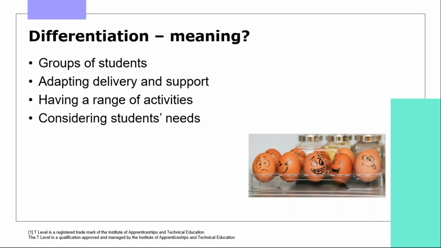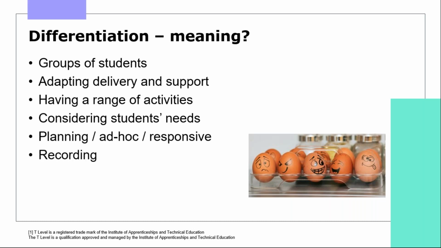The biggest impact on differentiation is when the teacher considers their students' needs, which we've already started to think about in direct relation to the T-level. Considering students' skills, knowledge and levels of progress and planning to meet their development needs is very important. But so are ad hoc responsive activities during a session: when formative assessment gives the teacher an idea of how well the students are progressing, they can adapt their practice in real time.